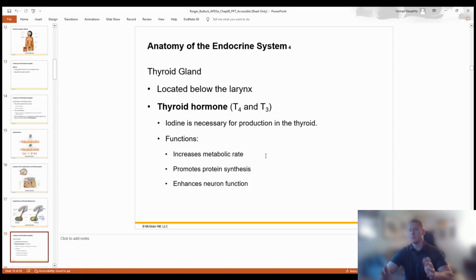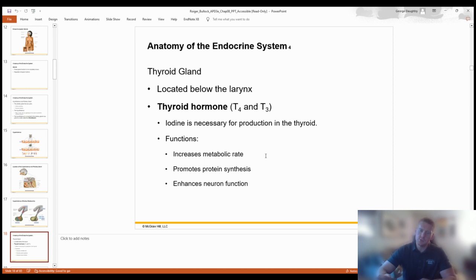So what's the role of the thyroid hormones and what's the role of the thyroid gland? Like I said, metabolic rate is the big one. It's the one responsible for that caloric breakdown, substrate breakdown into usable energy, into that ATP form. A lot of big stimulatory processes there.